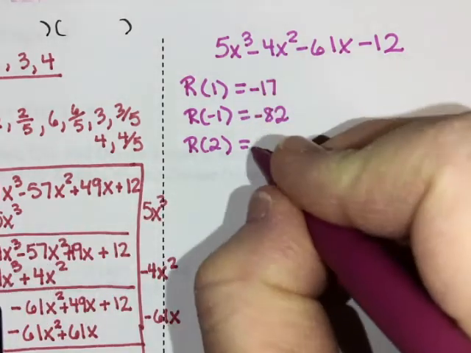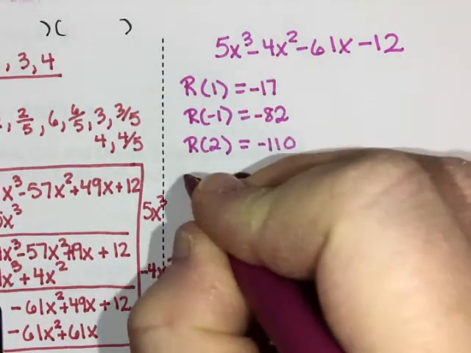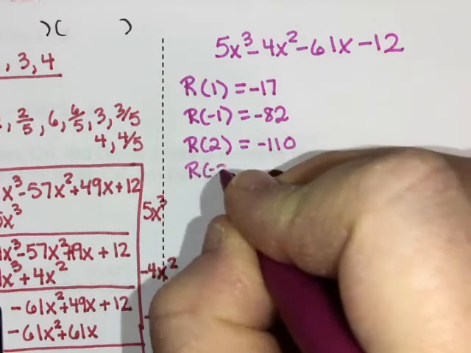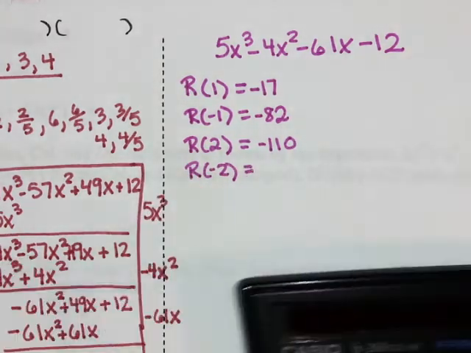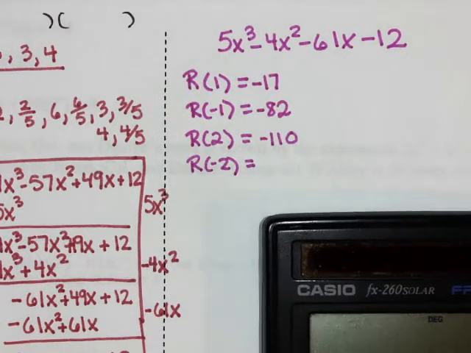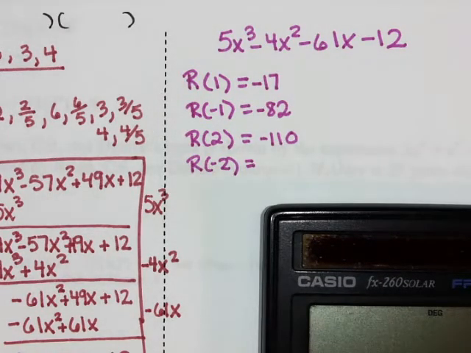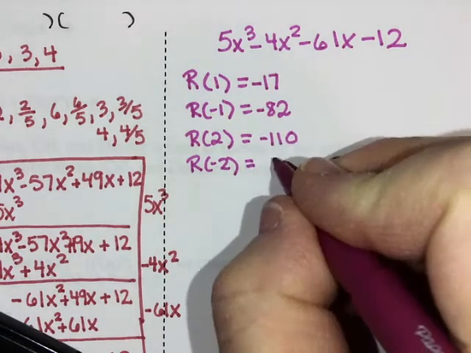Nope, that didn't work. I'm going to try negative 2. Sometimes you have to go through quite a few before you find one that works. So 5 times negative 2 to the power of 3 minus 4 times negative 2 squared minus 61 times negative 2 minus 12. Well, that didn't work either.